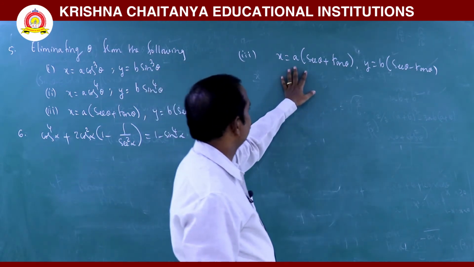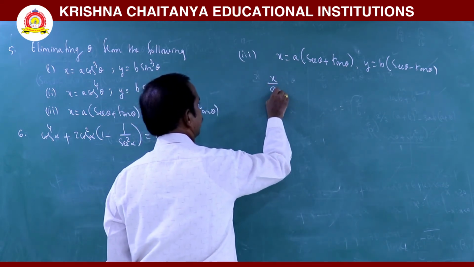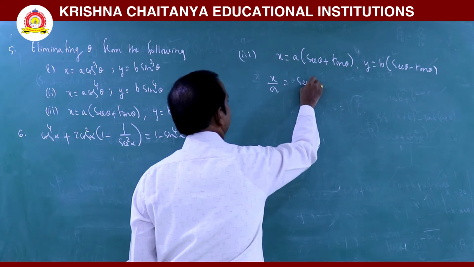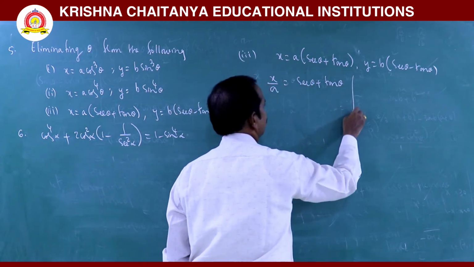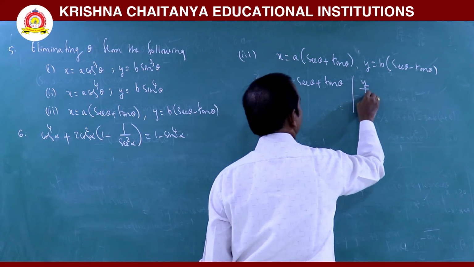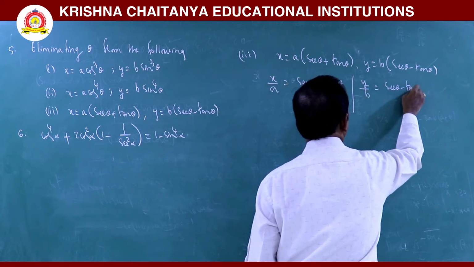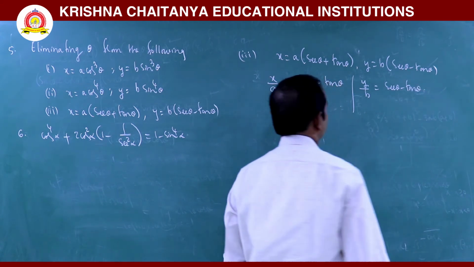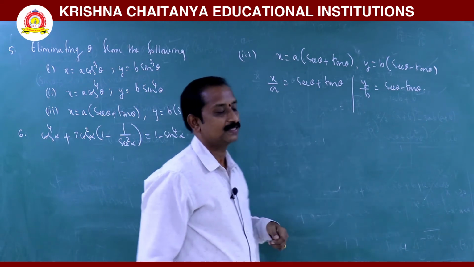So from this one, let us divide by a. It becomes x by a, which is nothing but secant theta plus tan theta. Here also dividing by b, it becomes y by b, which is nothing but secant theta minus tan theta. So to get an identity, just multiply these two equations.